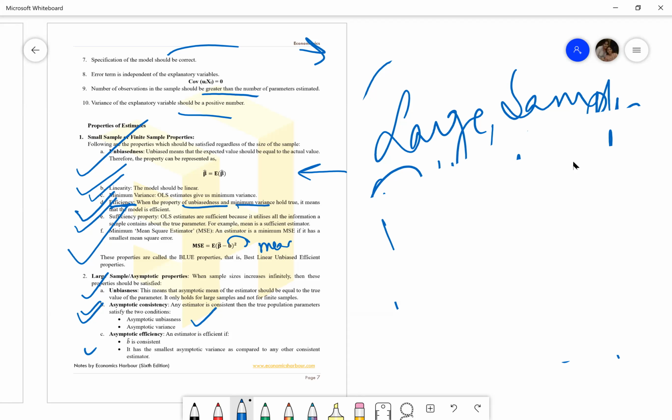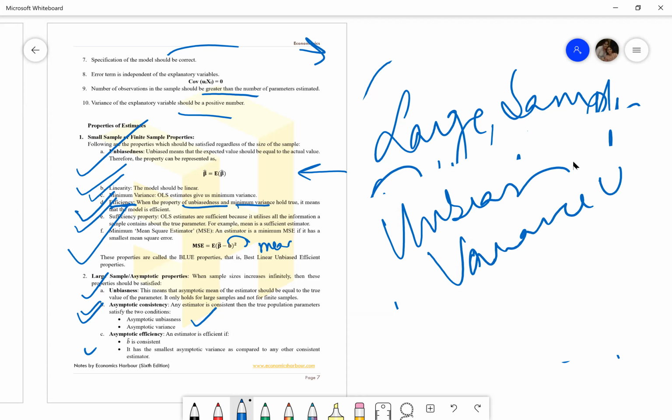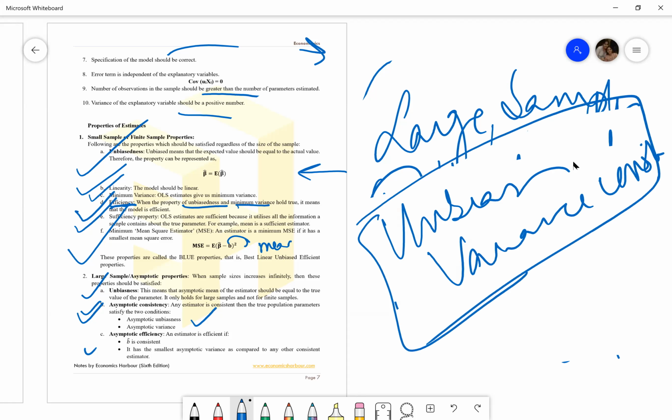So your unbiasedness does not change, your variance is constant. This means that your model is consistent in nature. Variance is also constant.